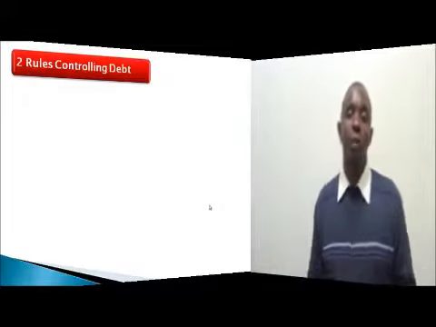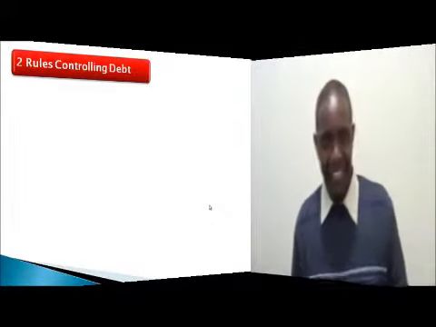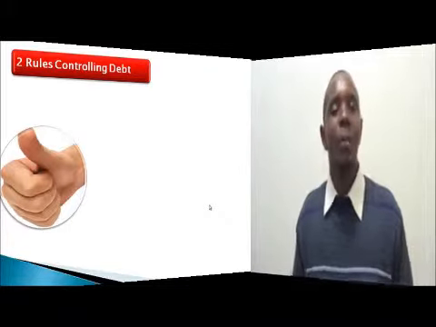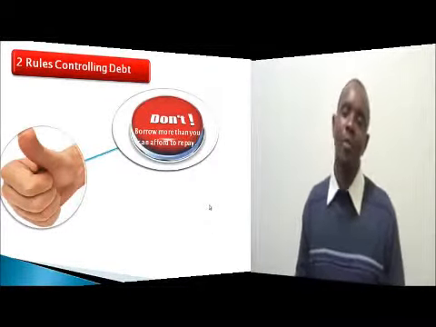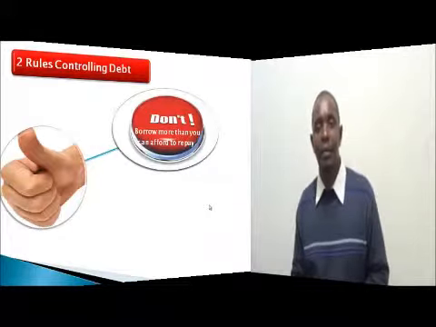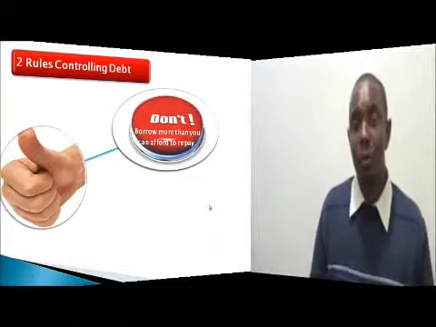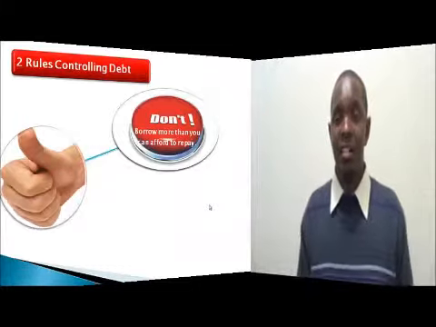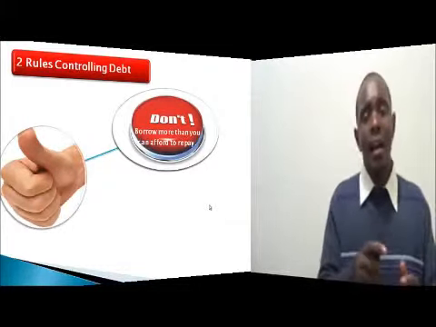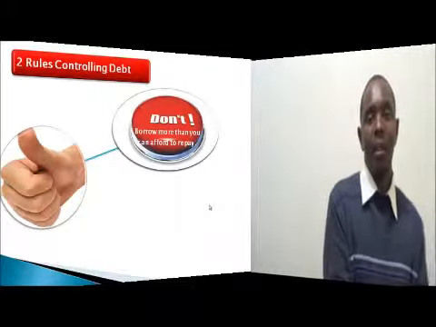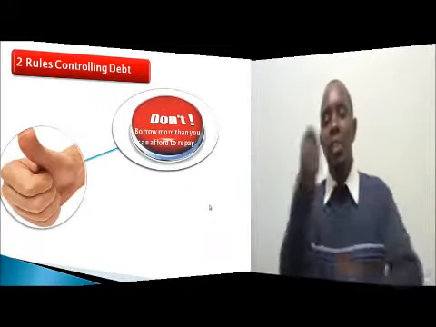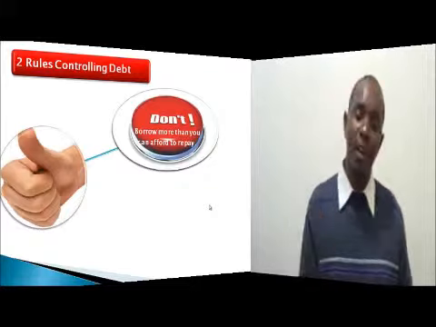There are two rules of controlling debt. The best practice is don't borrow more than you can afford to repay. This also happens for people who have window dressed their account. The turnovers don't reflect how their businesses are running or performing, but they've just manipulated the statement to qualify for a loan.